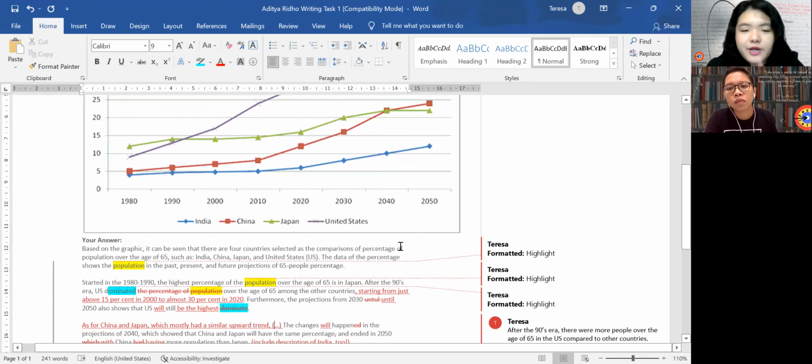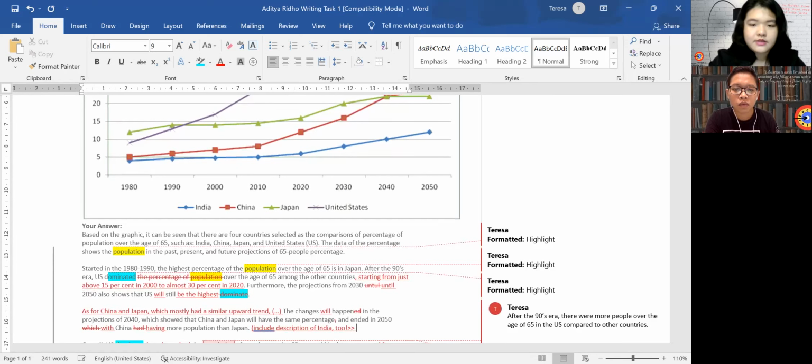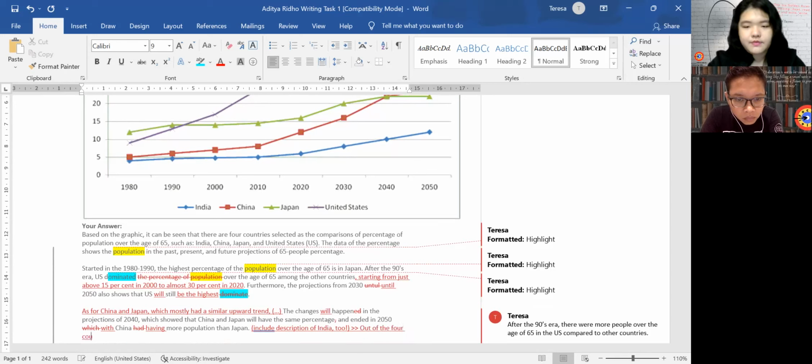For India, it's much easier because you can say, for example, out of the 4 countries, India was always the lowest percentage, with 5% in 1980.